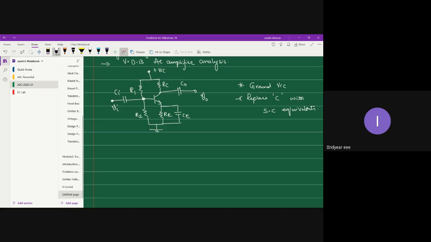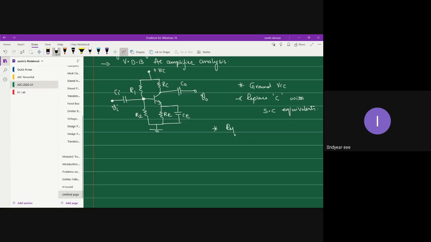So the same steps hold good for your hybrid model analysis also. Only the difference is that in place of the RE model, you're going to place the approximate H model.